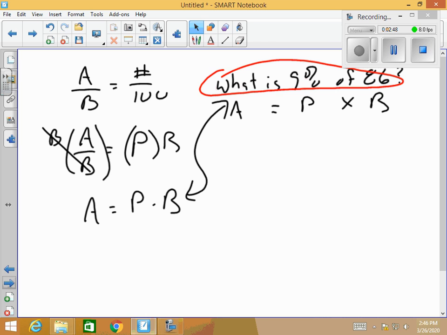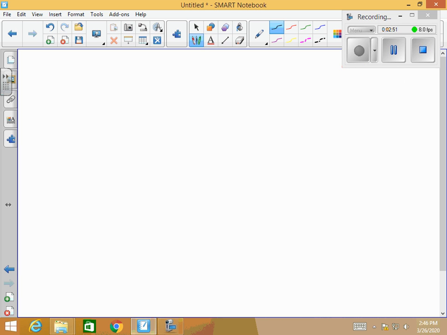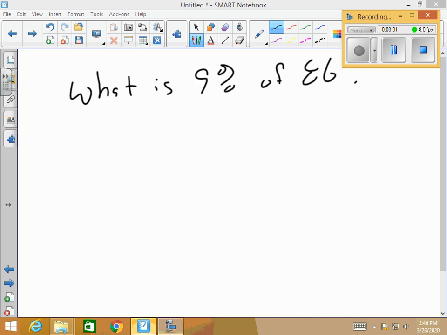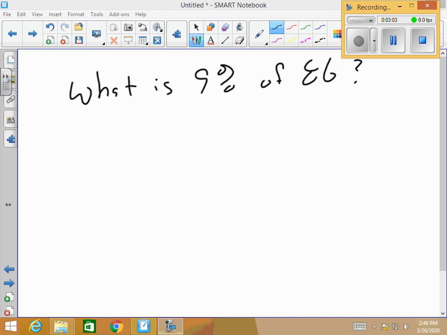We'll rewrite it again. What is 9% of 86? Now we have to put that into this equation, so I'm going to write it: amount over base is equal to the percent number over 100.